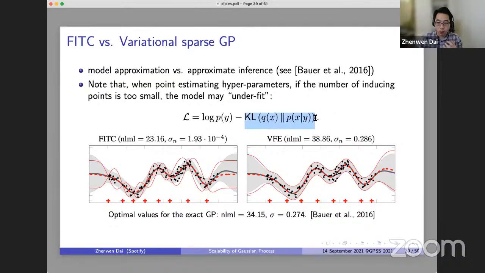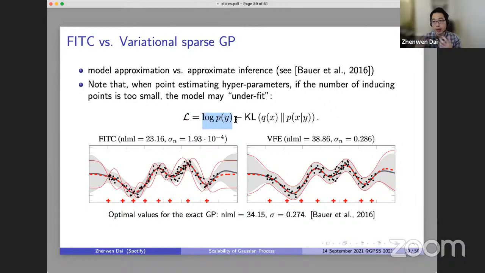With a limited number of variational parameters, the variational inference can maximize the lower bound by either minimizing the KL divergence, which makes the variational posterior closer to the true posterior. Alternatively, it can also maximize the marginal likelihood.